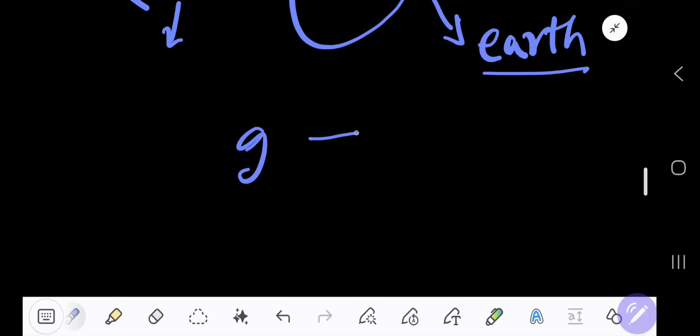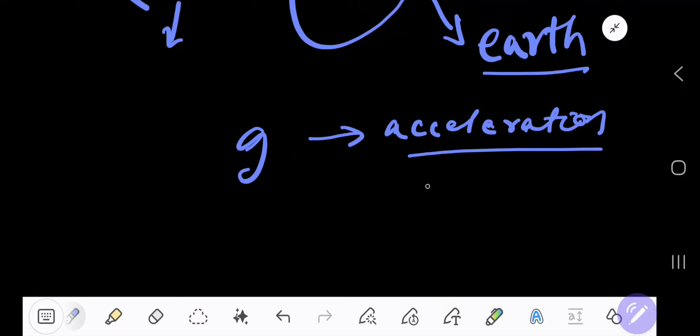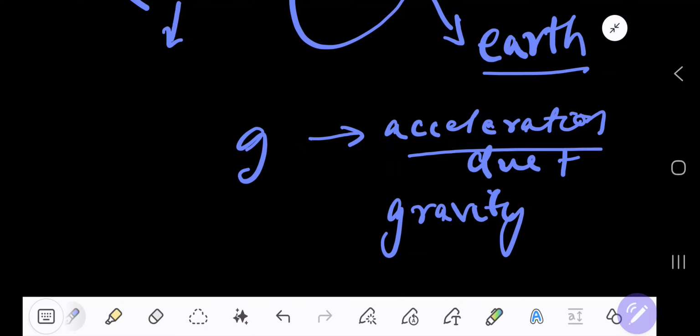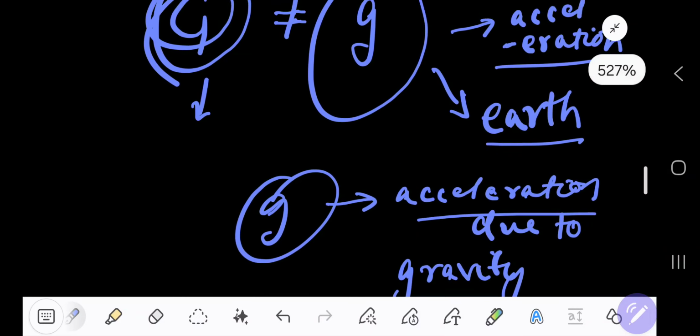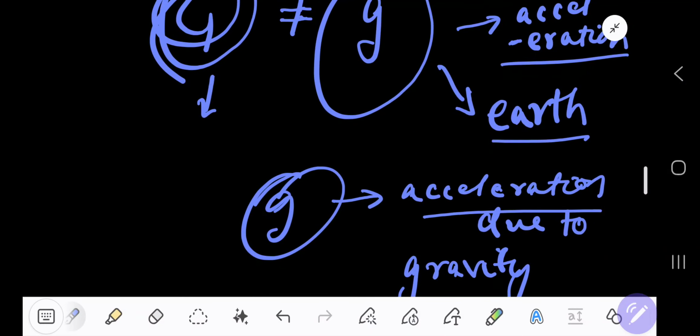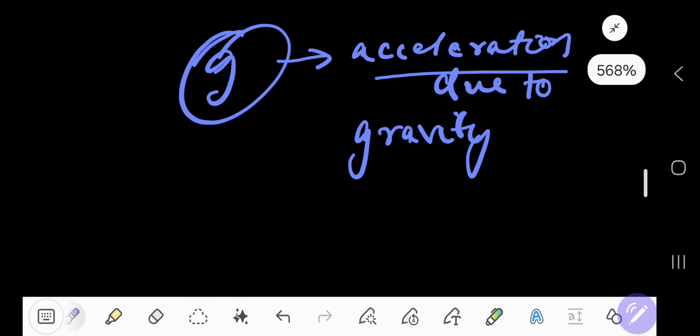Small g is an acceleration caused due to gravity, and it is definitely different from the gravitational constant. g is just an acceleration caused by gravity. We like to call it acceleration due to gravity.